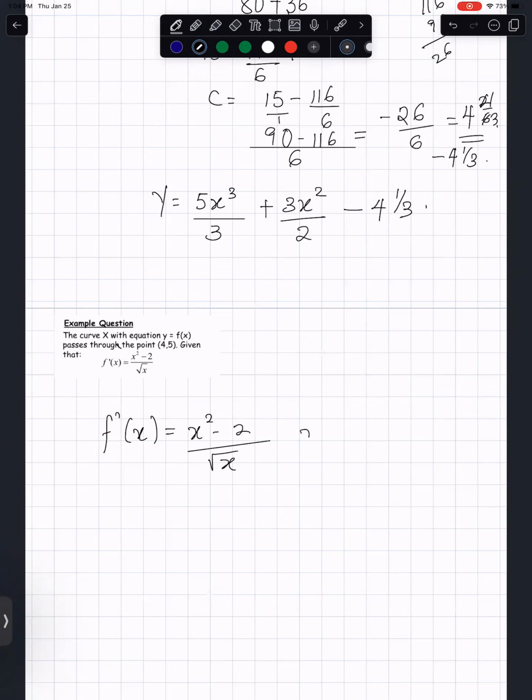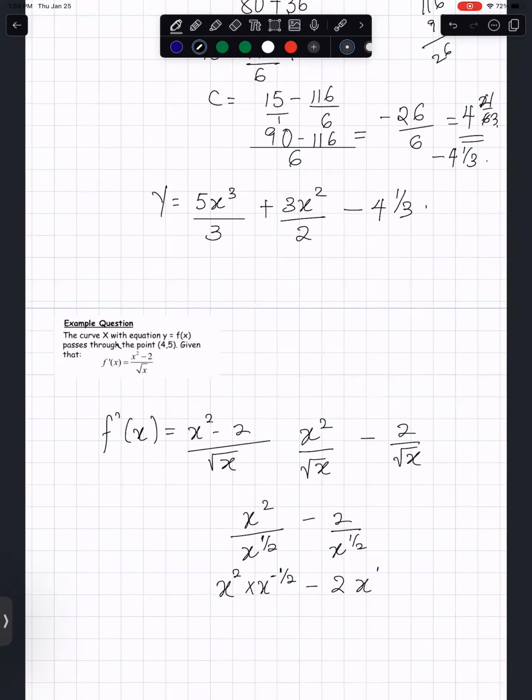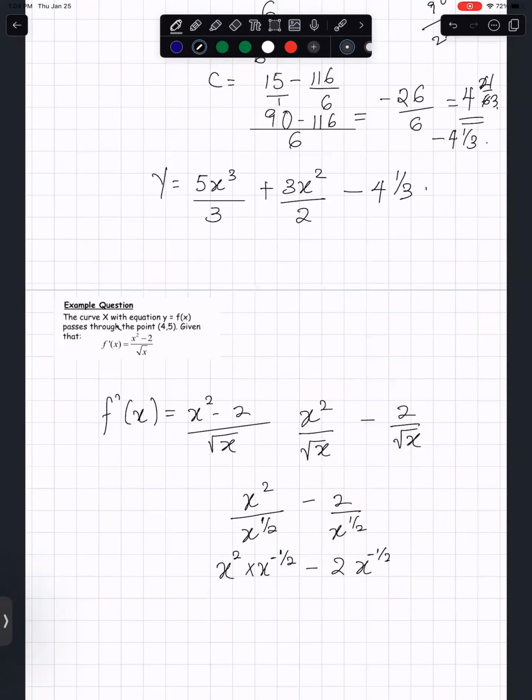This gives us x squared over root x minus 2 over root x. So we know that is x squared divided by x raised to the power of half minus 2 divided by x raised to the power of half. So we can have this as x squared times x raised to the power of minus half minus 2 times x raised to the power of minus half. Okay, so now we integrate with respect to x.